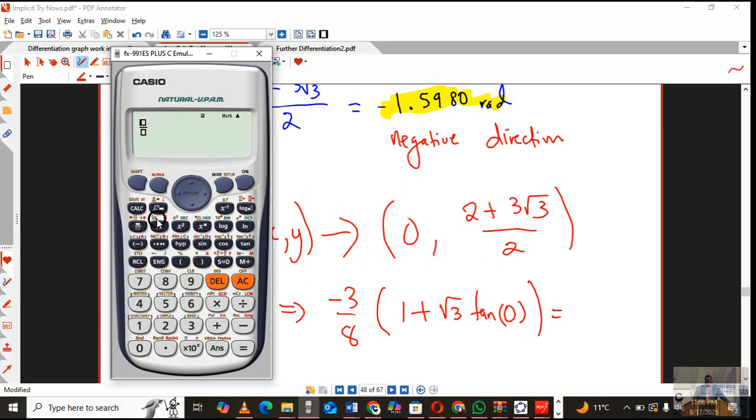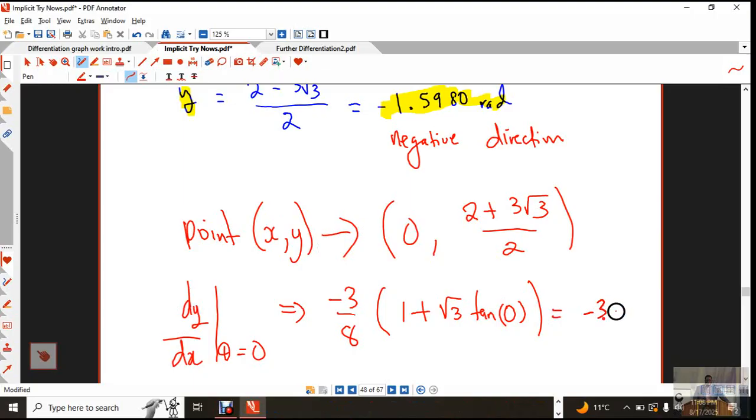So you have negative 3 over 8, and you're going to multiply that by 1 plus root 3 times the tangent of 0. Now the tangent of 0, okay, so that whole stuff inside is just going to be 1. Let's see the whole answer. Okay, you get that whole answer there. So this is going to be nothing but negative 3 over 8.